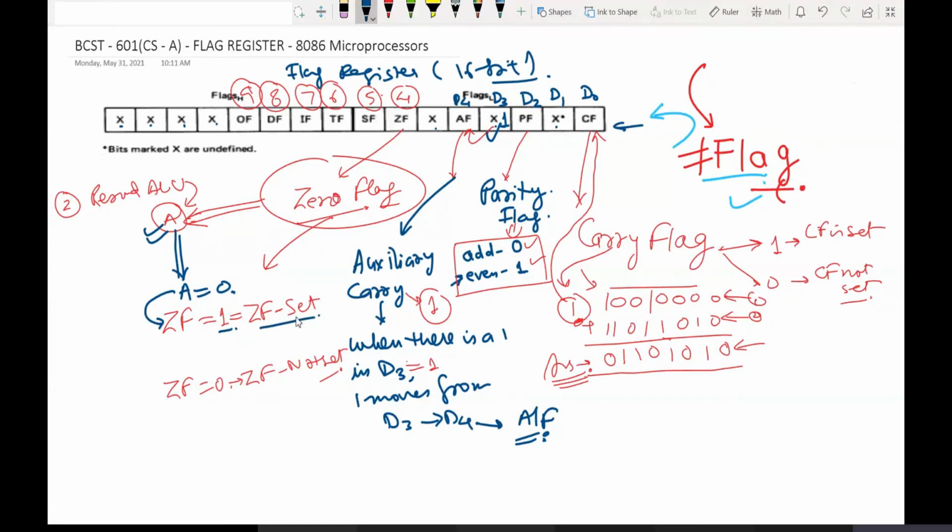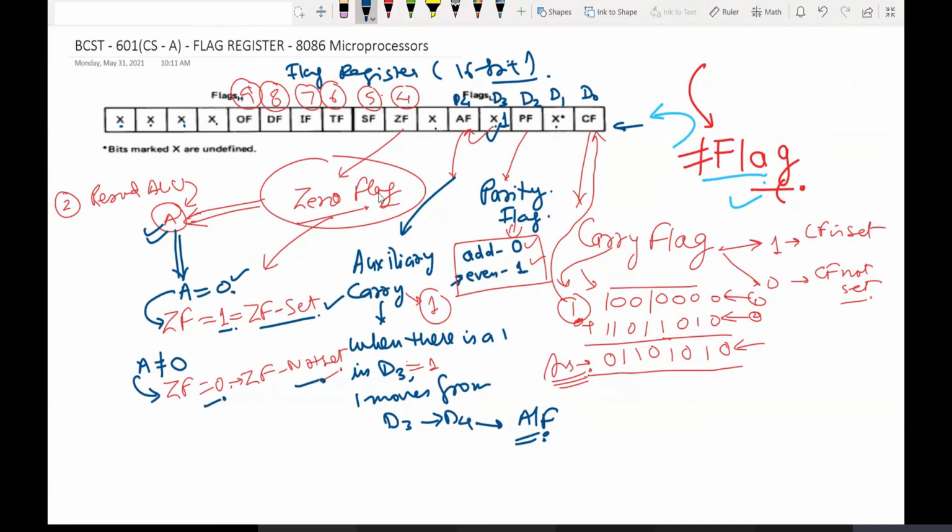I repeat, in any operation, the output of the ALU gets stored in the accumulator and the zero flag will check the accumulator. If the accumulator is having a zero value, the zero flag will be raised, it will become high, then we'll call it zero flag set. Vice versa, after checking register A, if it is not equal to 0, it is having some value, then this condition is true, that the zero flag is 0, it is not set.